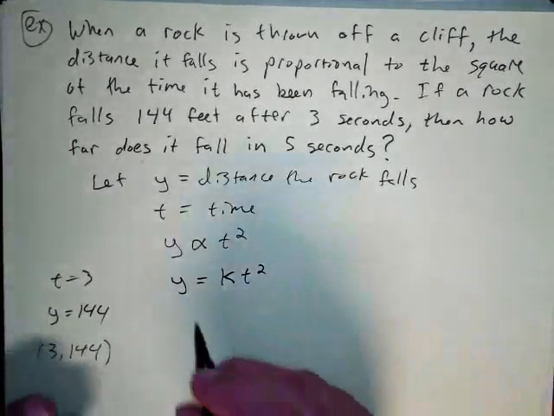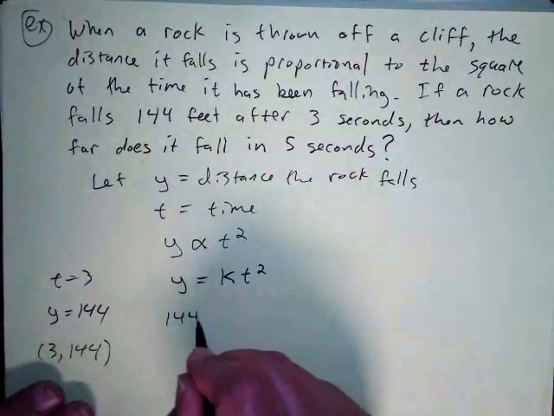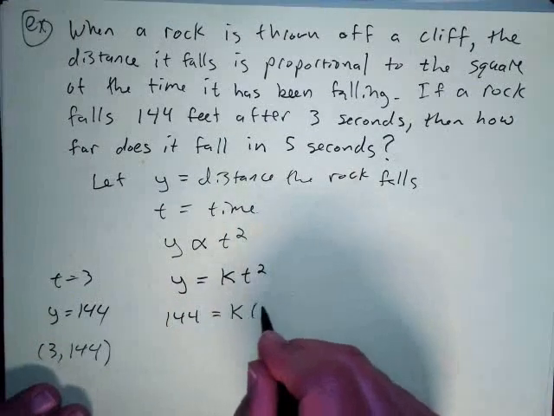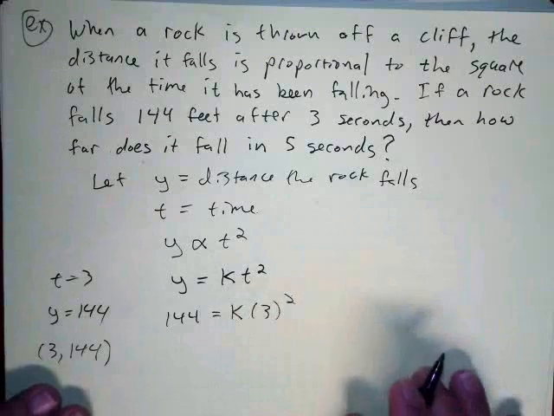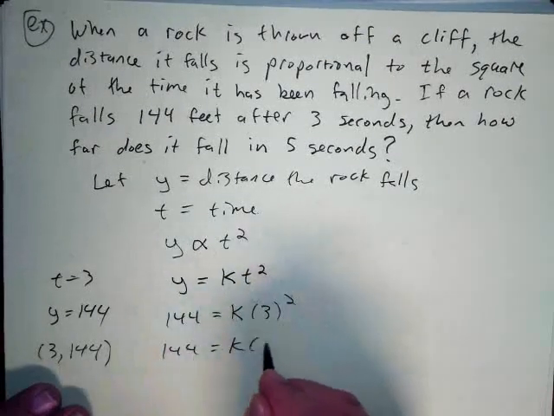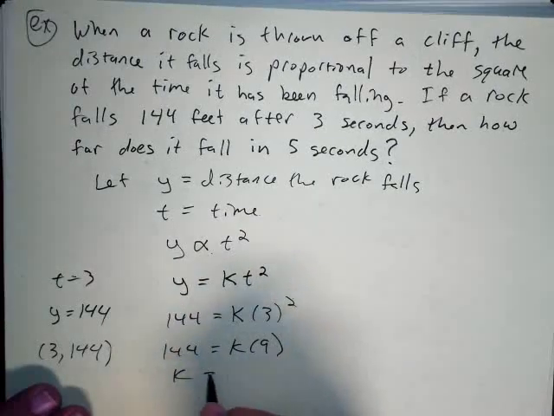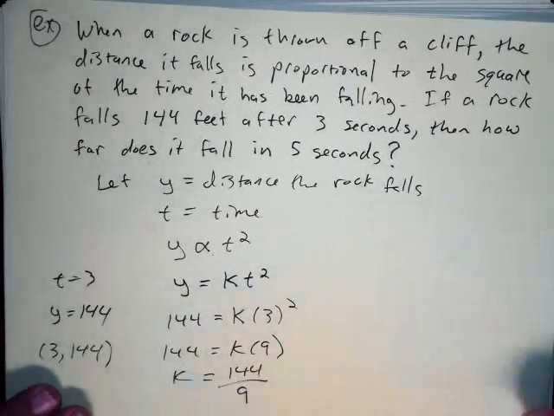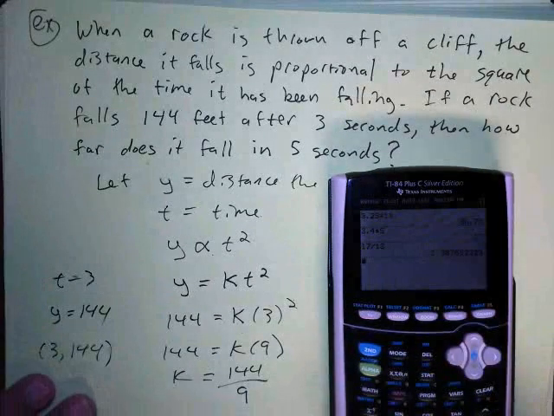Okay, so basically I'd put 144 is equal to k times 3 squared. And so I get 144 is equal to k times 9. So k is just equal to 144 divided by 9. Let's see what we get.